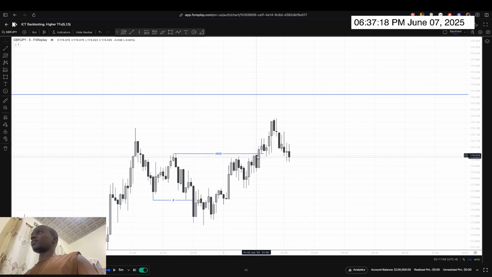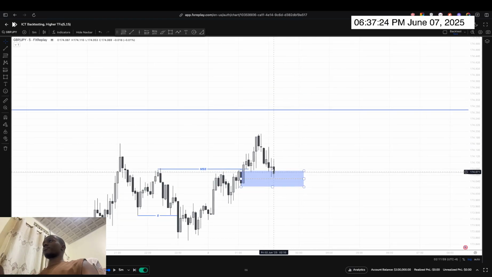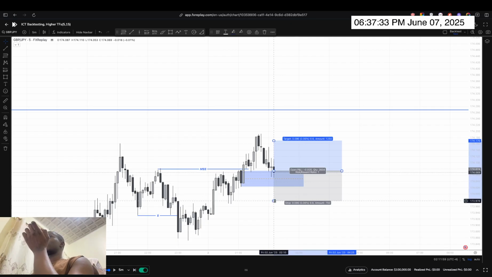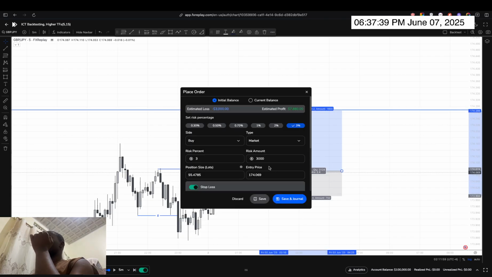Then we are retracing to an order block. So I think I will take a long to take out that liquidity, and good thing is we're about to start London session, so the volatility will also come in. So stop loss a few pips below this OB, and we target right there. So I risk 1%, sorry 2%.